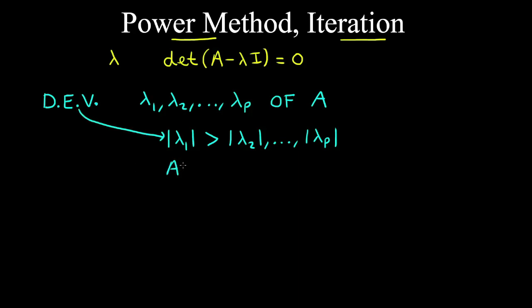And any eigenvector that corresponds to the dominant eigenvalue is a dominant eigenvector of the matrix A.